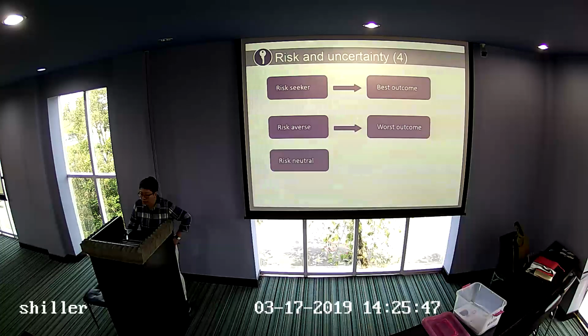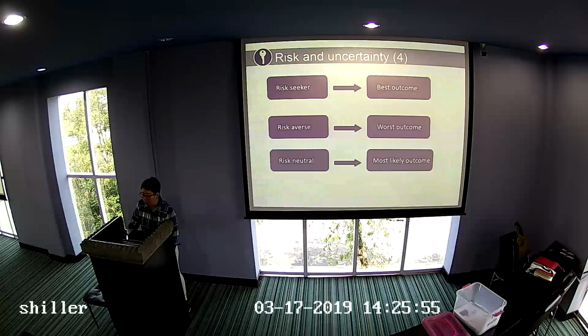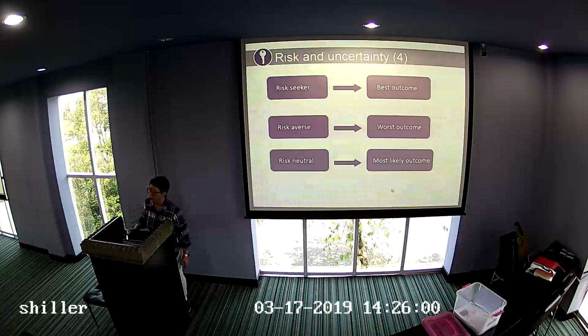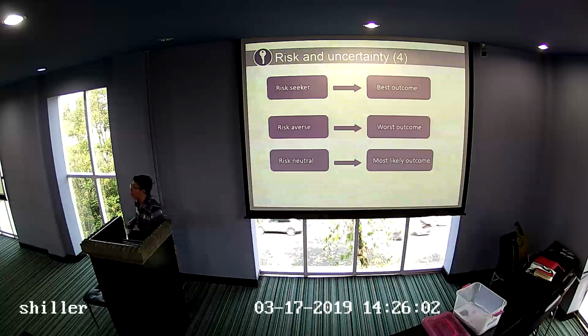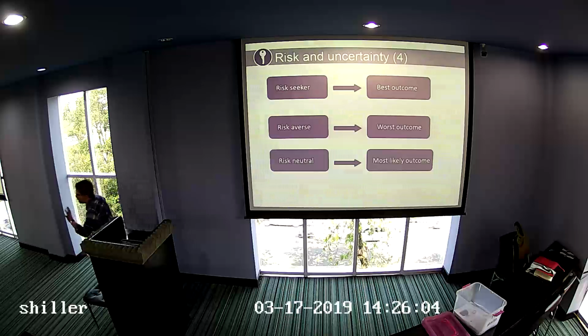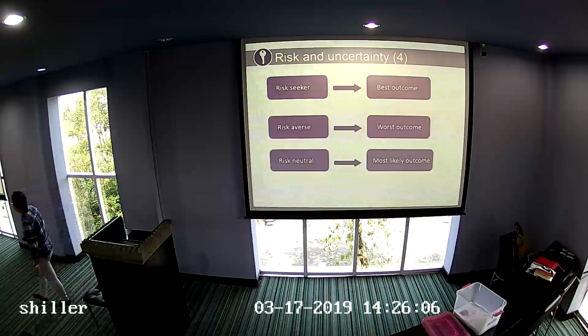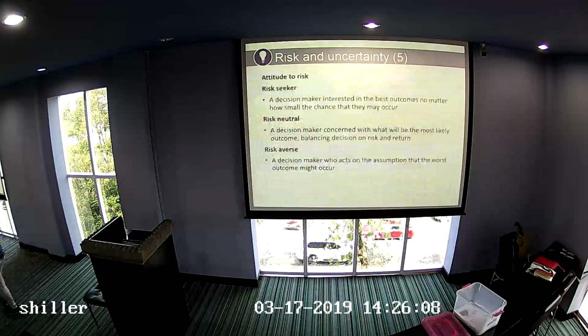The risk averse does not like risk and always thinks that the worst thing can happen. A pessimist, in other words. And a risk neutral, okay? He doesn't look at the risk, but he looks at the outcome. He doesn't take into consideration any risk. He just looks at what will come out.